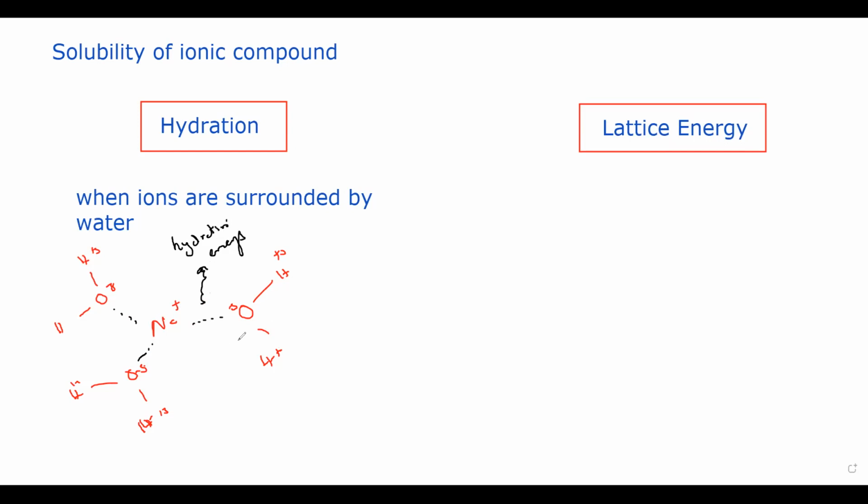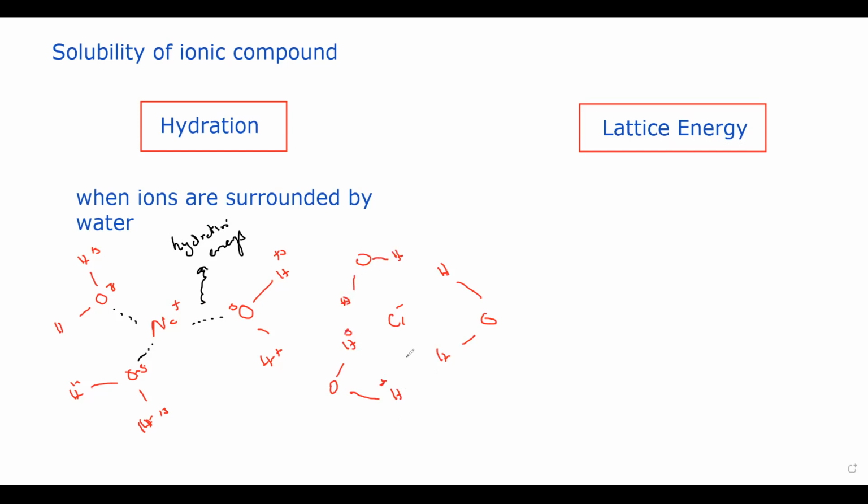This happens for both positive ions and negative ions. If we add sodium chloride to water, the sodium ions will be surrounded by water molecules, as well as chloride ions. For the chloride ions, which are negative, the hydrogen will be facing the chloride ion, because hydrogen is partial positive and unlike charges attract each other.